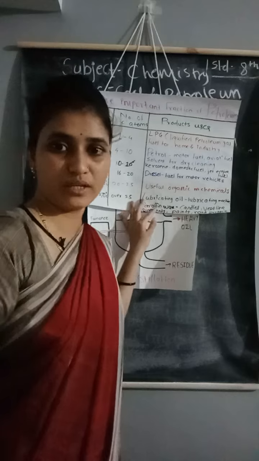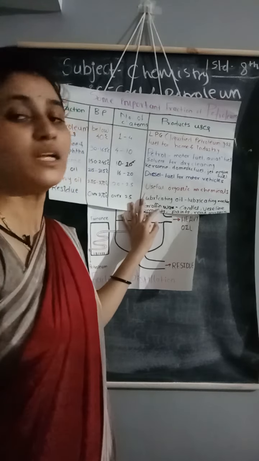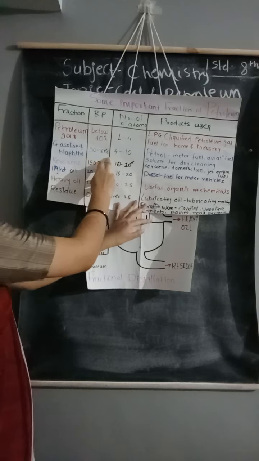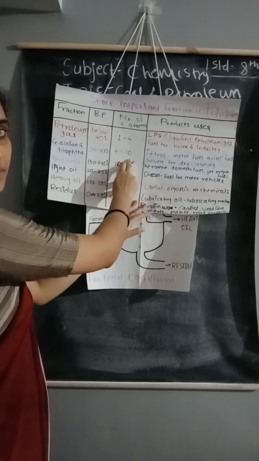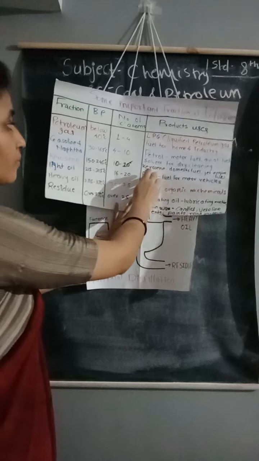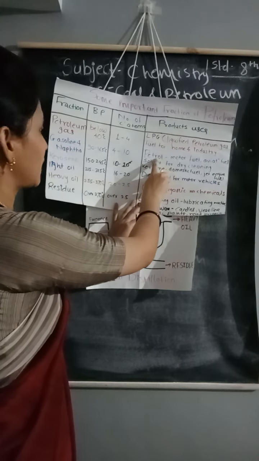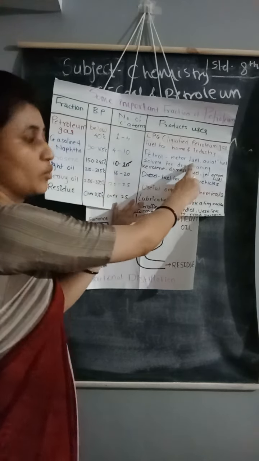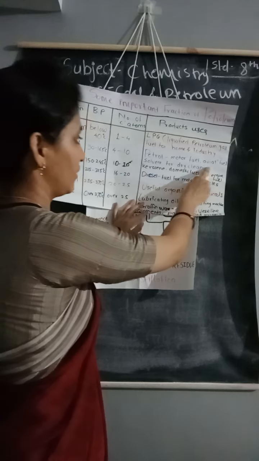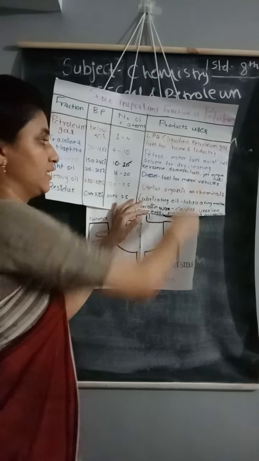Second is gasoline and naphtha, with a boiling point of about 90 to 165 degrees Celsius and 4 to 10 carbon atoms. These are used as petrol in motor fuel, aviation fuel, and solvent for dry cleaning.